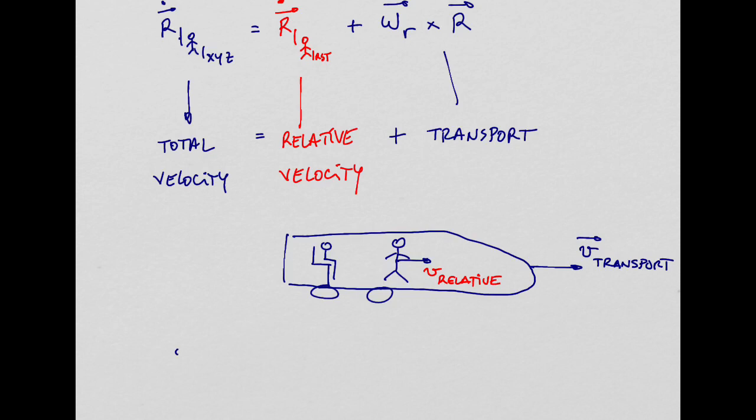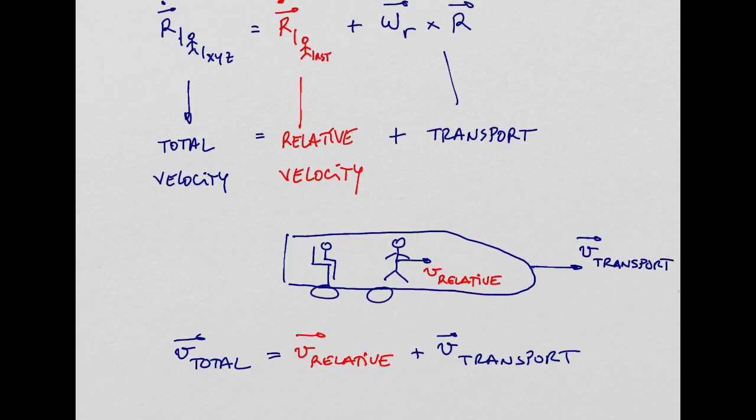So your total velocity is going to be equal to your velocity inside the train, your relative velocity, plus the velocity of the train, which is the transport velocity.